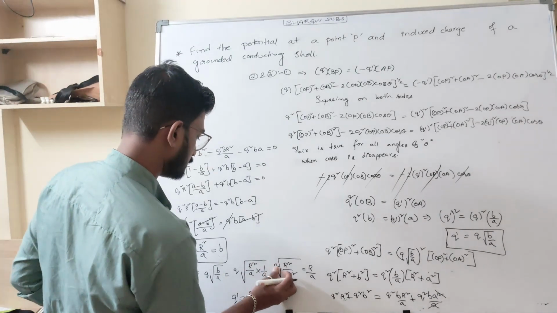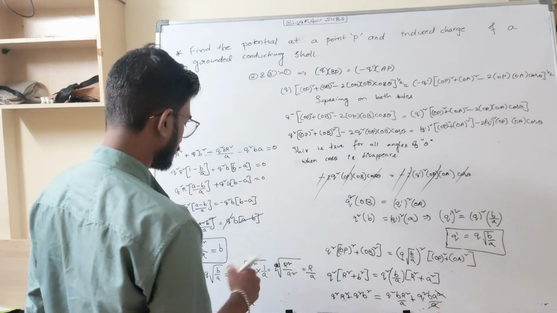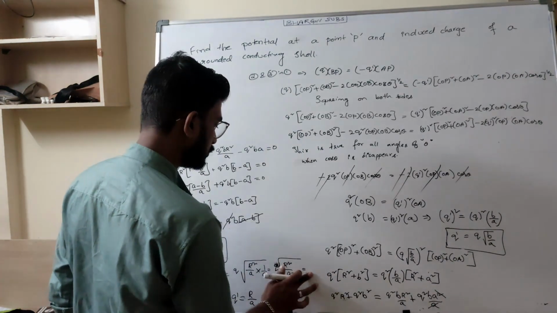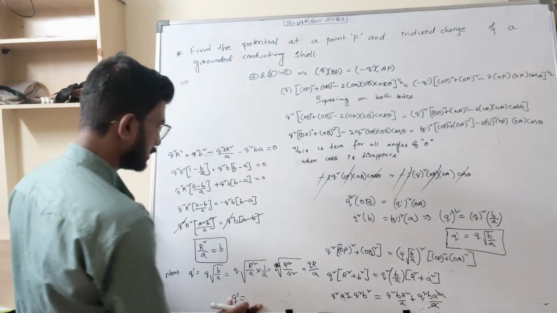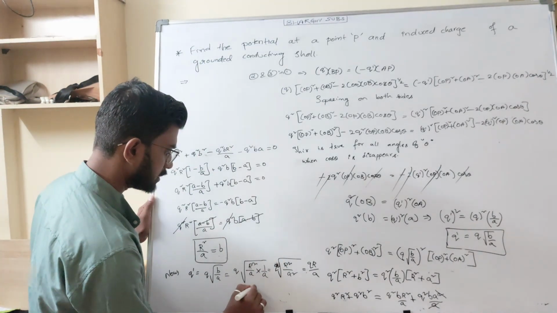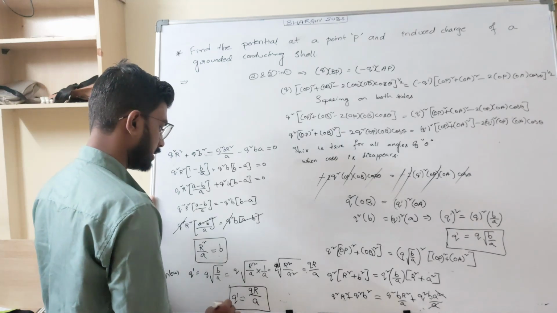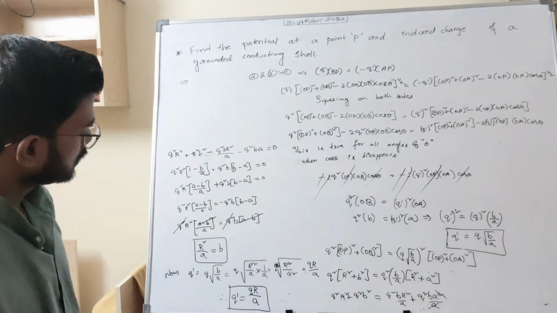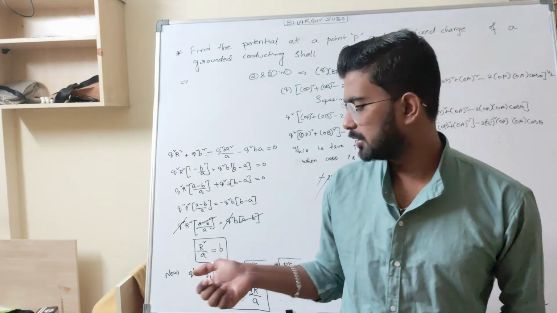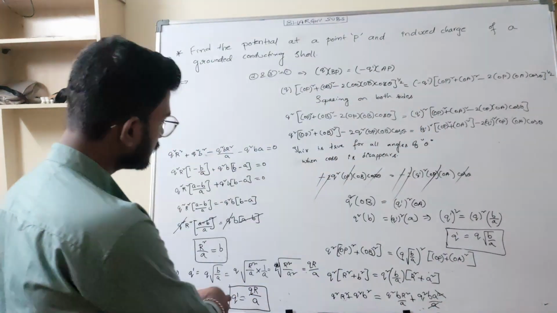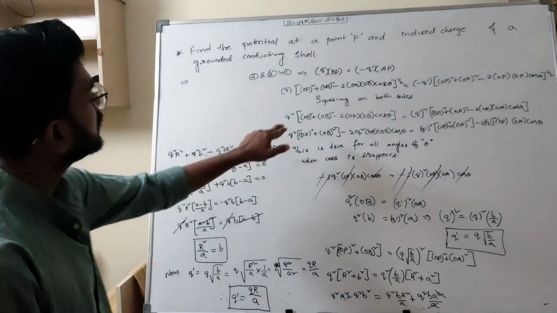So q dash is equal to q into root over r square by a square, so q r by a. You know what charge you are keeping outside, you know the radius of the conducting sphere, and you know the distance, small a, where you initially kept the charge. So if you substitute those values, you will get the induced charge. Okay, and I find the induced charge.